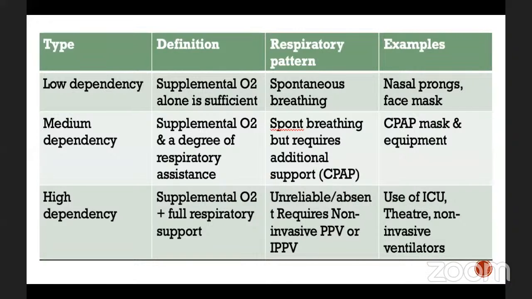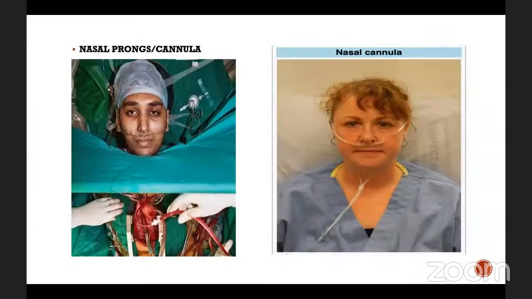However, they also need some assistance, and that's where our CPAP comes into place. Whereas those with high dependency, their breathing is not reliable, so sometimes we may need to take over the breathing, and this we usually do in the ICU. That's where non-invasive positive pressure ventilation or invasive positive pressure ventilation comes into play.